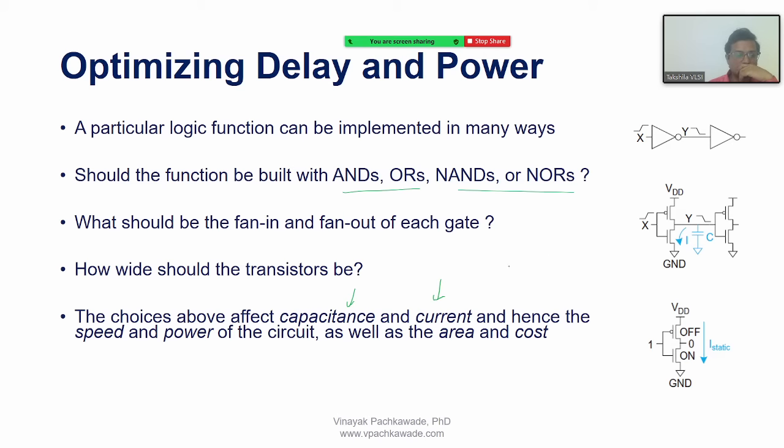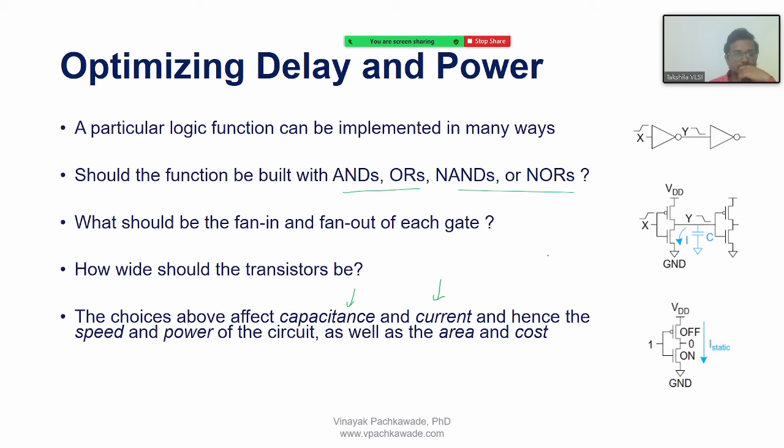Basically, delay can be determined by two factors: the current it delivers, and the capacitance that it has, the load capacitance. If the capacitance is greater, then the delay will be greater. Why? Because the current that goes through that capacitor will be greater.